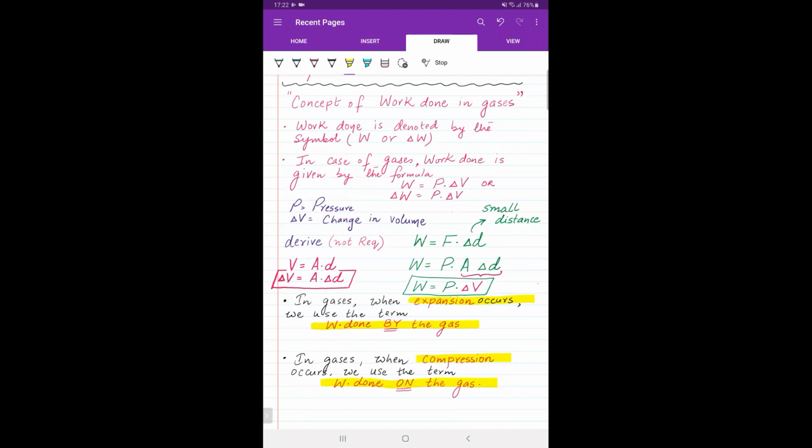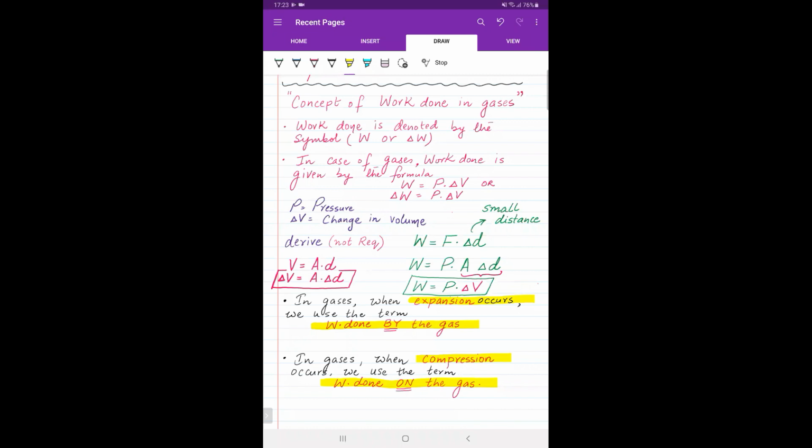And similarly, if a gas undergoes compression, then that condition is generally denoted by the term work is done on the gas. So compression, that is, when the volume decreases, work is said to be done on the gas. And expansion, when the volume increases, that is referred to as work is done by the gas.